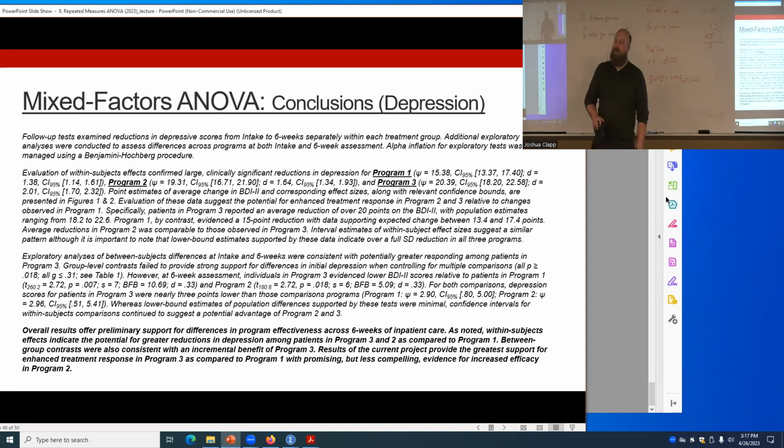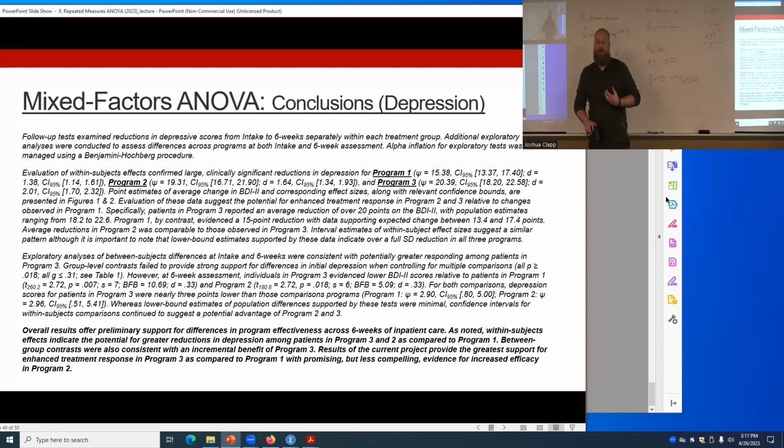Here, probably I'm looking more at that within a group change, and it looks like we are seeing a pretty sizable increase in the overall effect in program 3 relative to program 1. And so where people start and where they end is maybe less important to me than thinking about how much they reduce within that group, right?